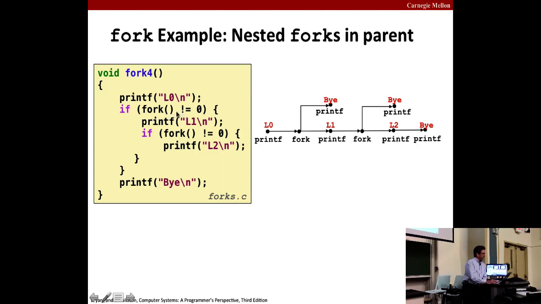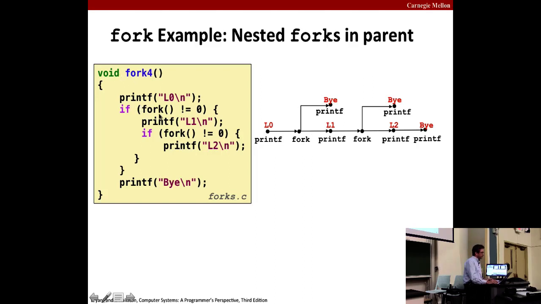If fork is not equal to 0, then we're in the parent, right? So this code executes in the parent. If fork is 0, then we're executing the child, and the child just prints bye and then eventually terminates. I didn't show it here, but the function that called this function calls exit.